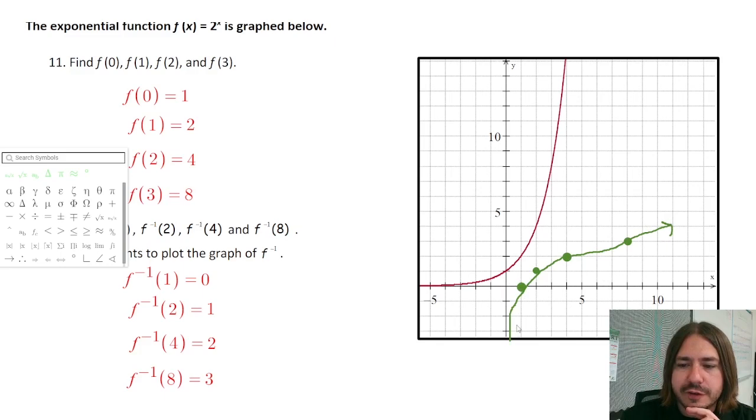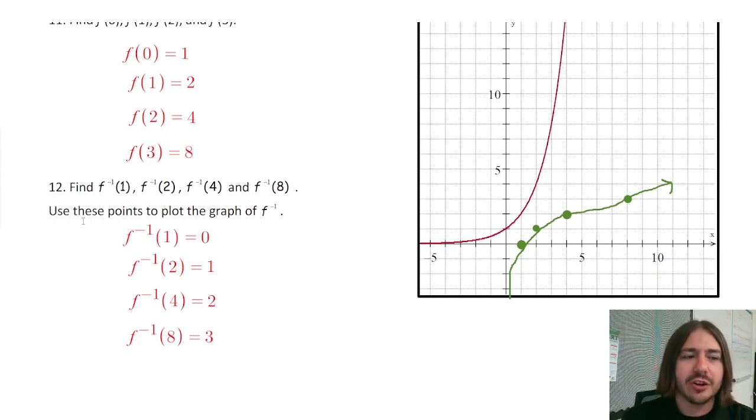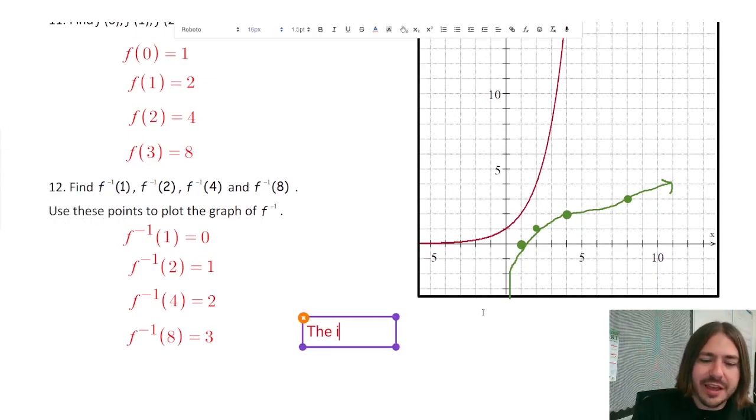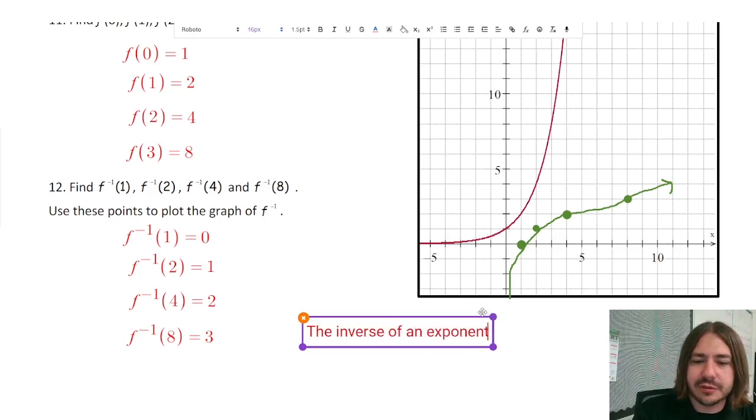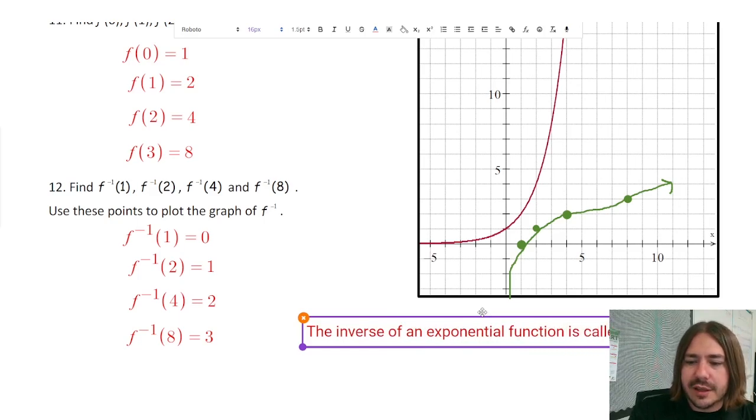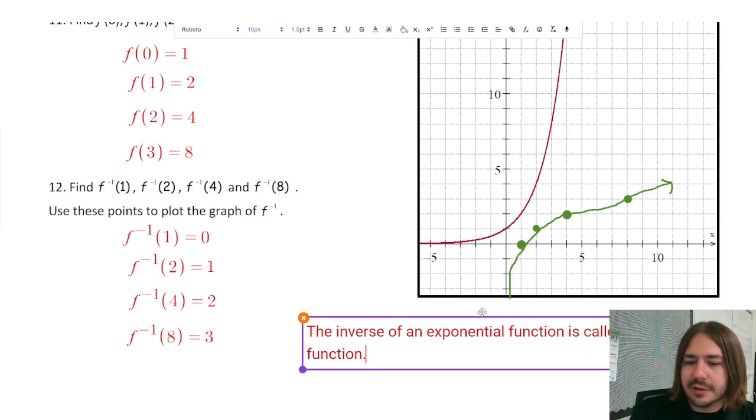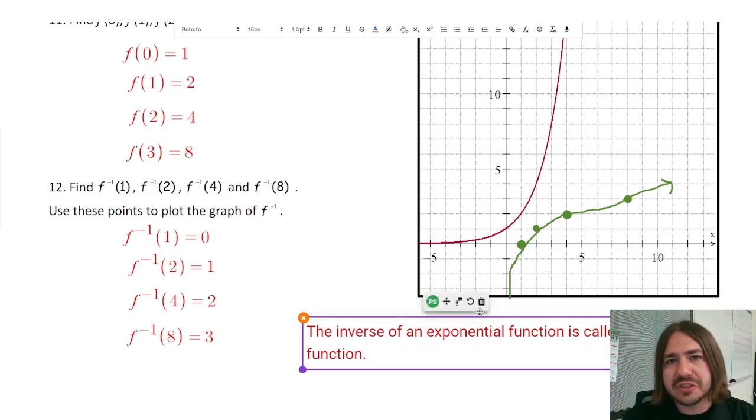This particular function, which is the inverse of an exponential function, actually has a name, and it is called a logarithmic function. Okay, the inverse of an exponential function is called a logarithmic function. So a logarithm is just an inverse of an exponential.